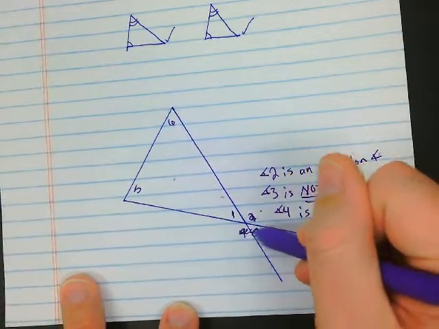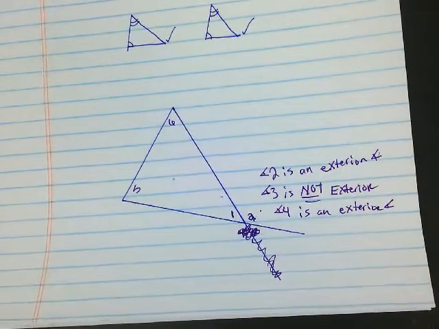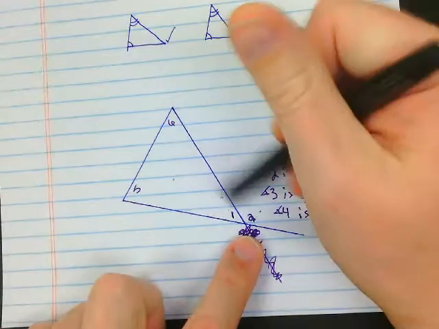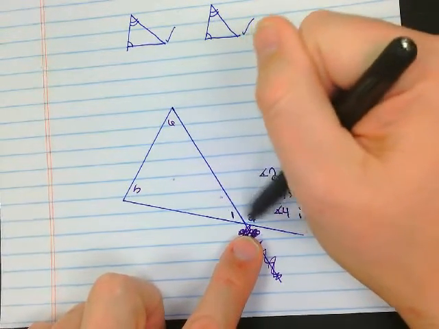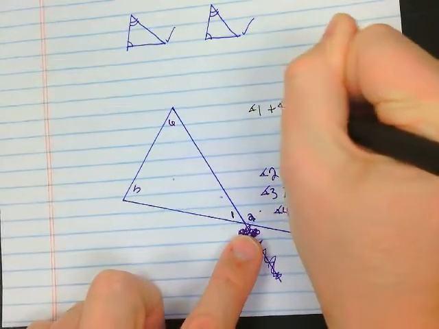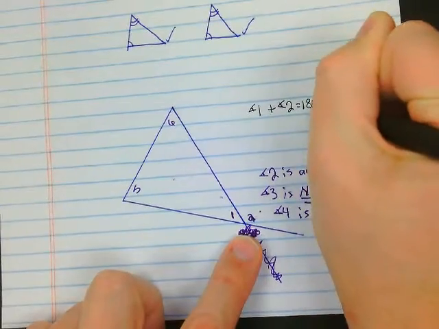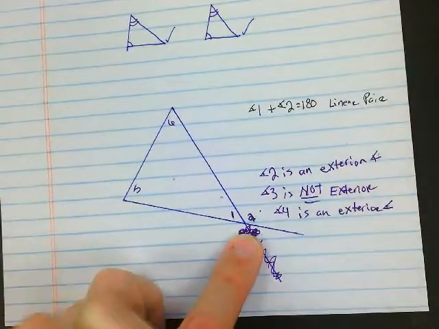So, let me ask you a question. All right, I'm going to cover this up for just a second. We're going to do a little mini proof right now. What do angles 1 and 2 have to add up to equal since it's a linear pair? 180. So angle 1 plus angle 2 has to equal 180 because it's a linear pair.